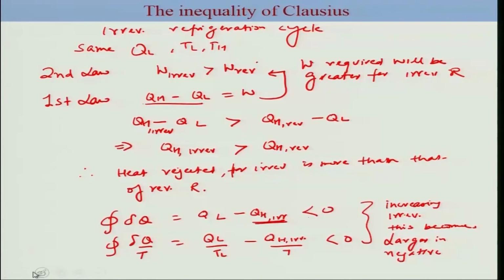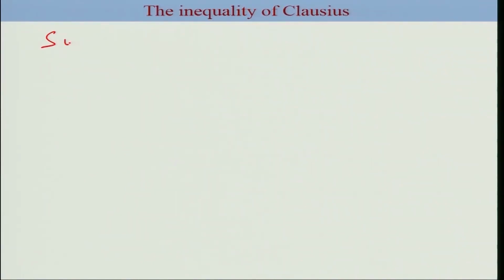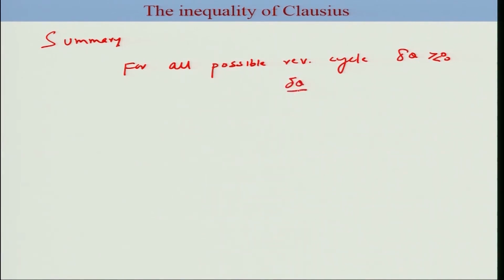So let me just summarize. So this is a summary here. For all possible reversible cycle, which essentially means your delta Q can be greater than 0 or less than 0, because it can also have your refrigerator cycle or heat cycle, your del Q by T over cycle will be 0.